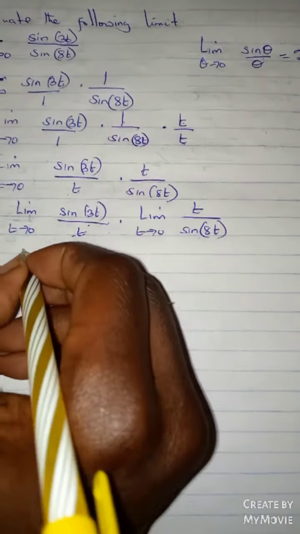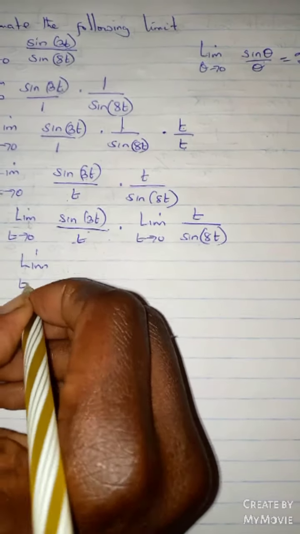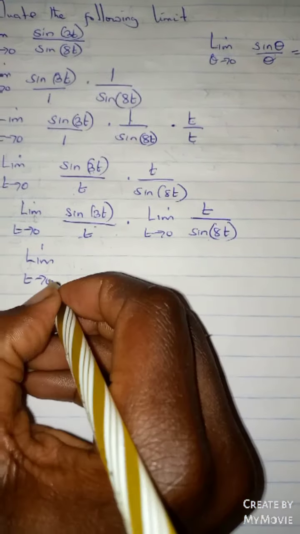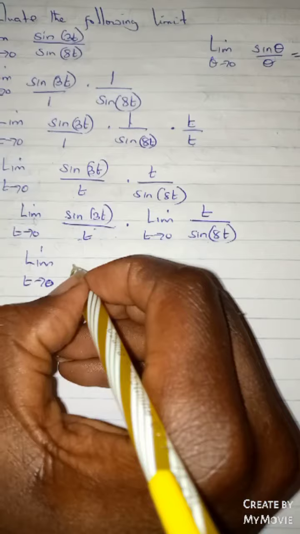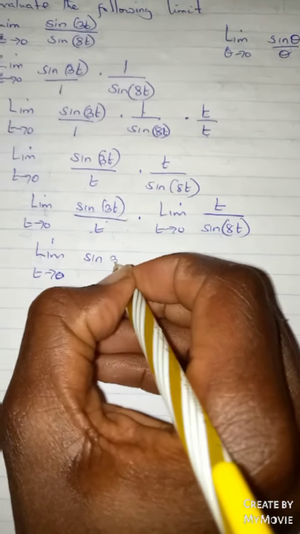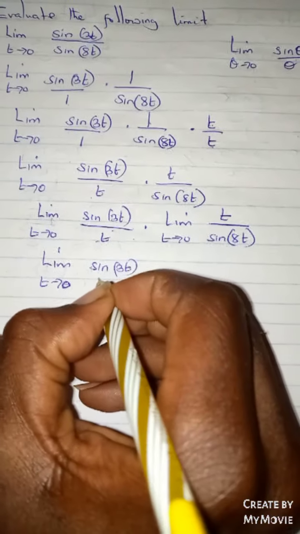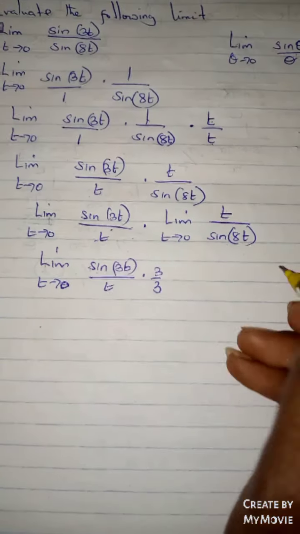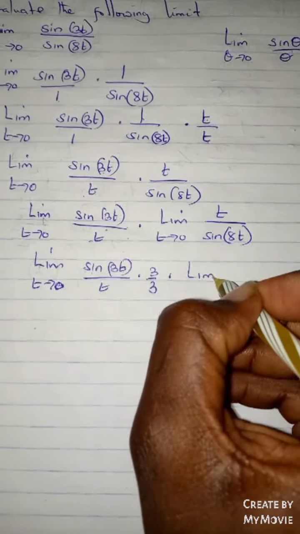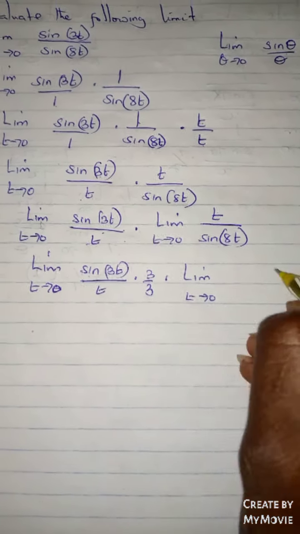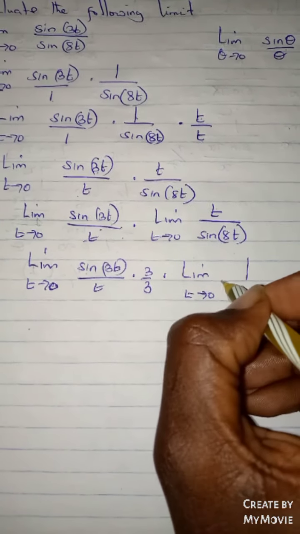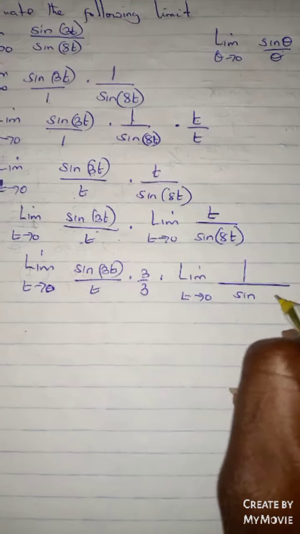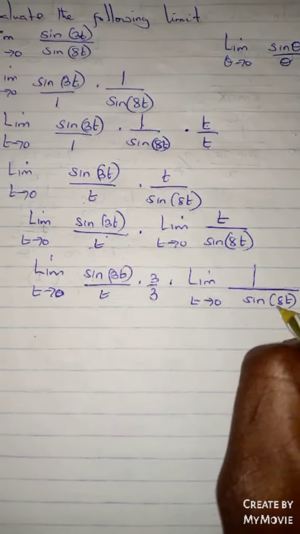So that is to say, as the limit of t approaches 0, we are going to say the sine 3t over t, and then this here, we multiply by 3 over 3. So multiply by the limit as t approaches 0, we are going to take a 1 over this other function, we bring it in the denominator.